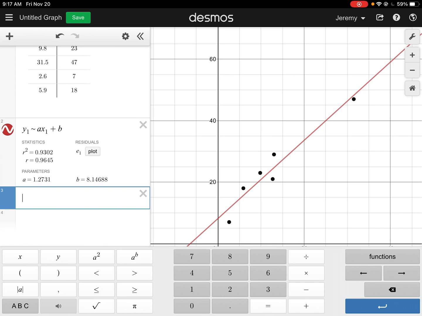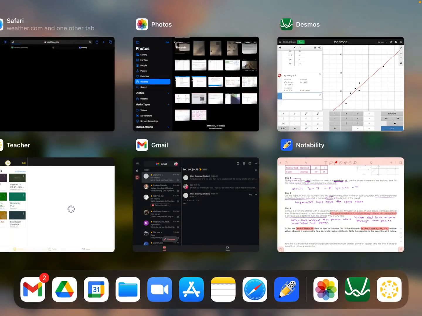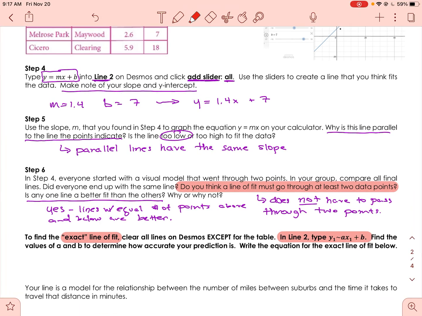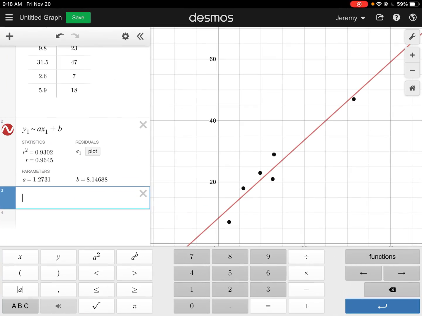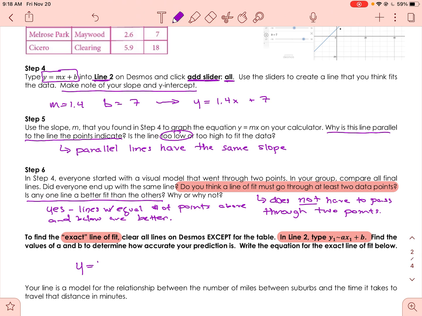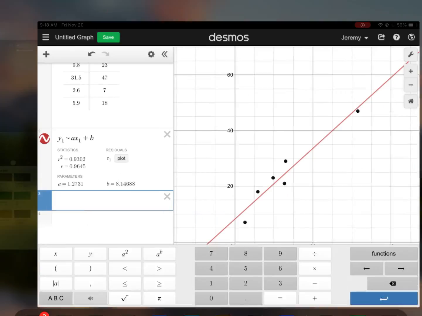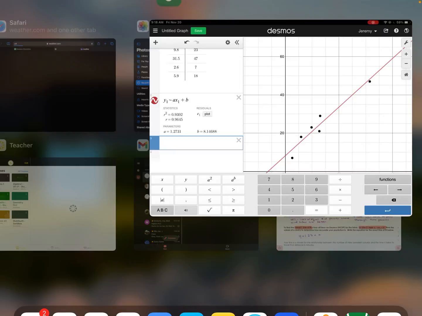We're going to write those down, and so the exact line of fit for this equation is y equals 1.2731, and then we'll round that, we'll say 1.27x plus 8.15.